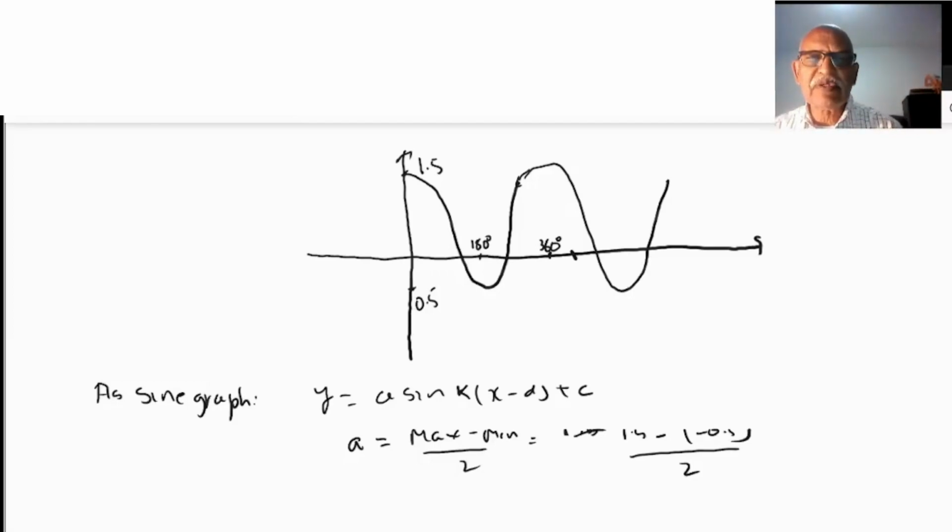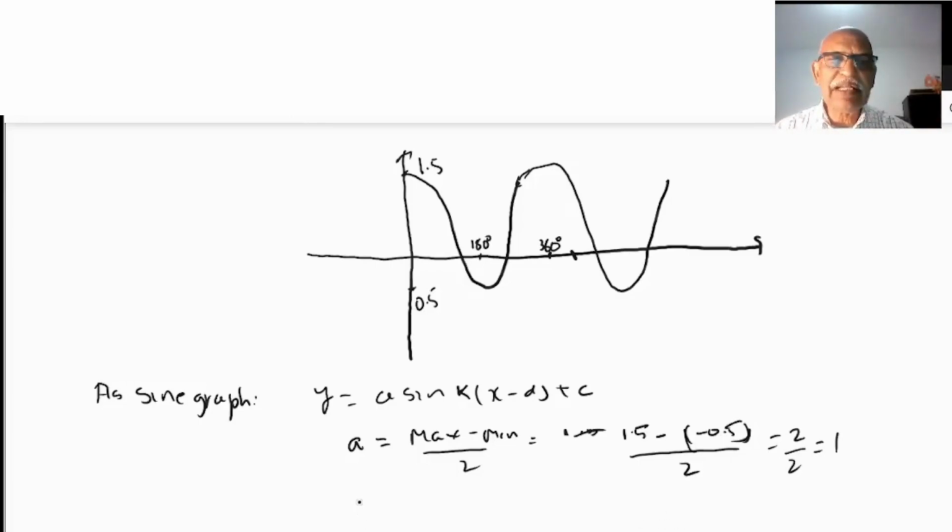We have the maximum, which is 1.5, and we have the minimum, which is minus 0.5. So this will be equal to 2 over 2, which is equal to 1, which means the amplitude is 1.